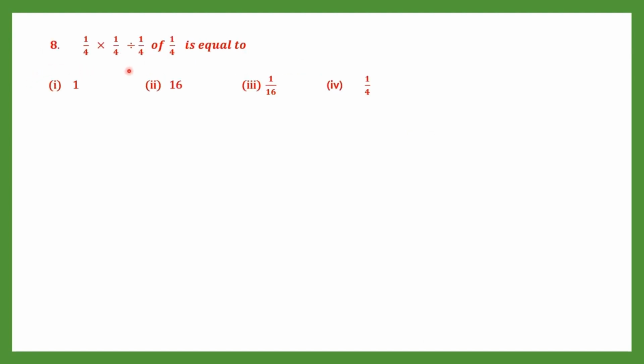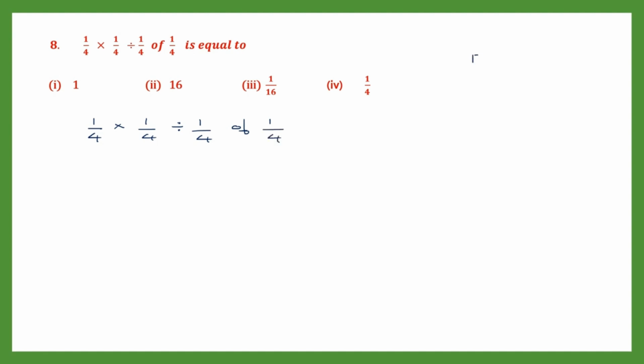Question 8, we have this expression with different operations. Can you see? 1 by 4 into 1 by 4 divided by 1 by 4 of 1 by 4. That means we have to apply the rules of BODMAS. Let's take down this question. So this is 1 by 4 into 1 by 4 divided by 1 by 4, and then we have of 1 by 4.